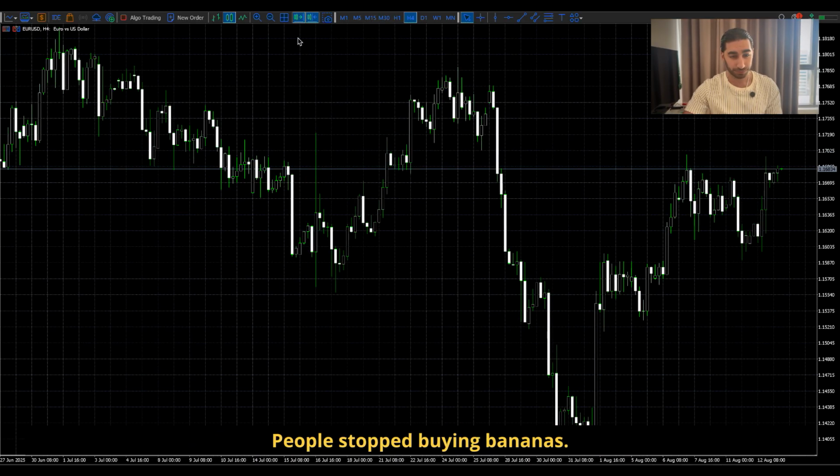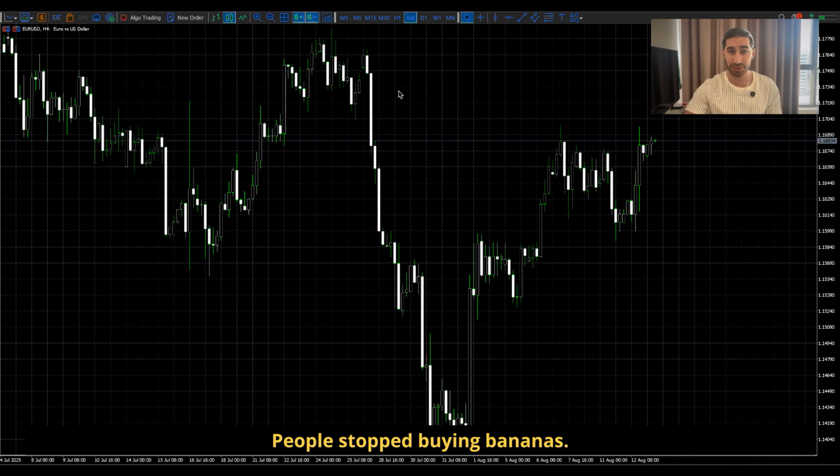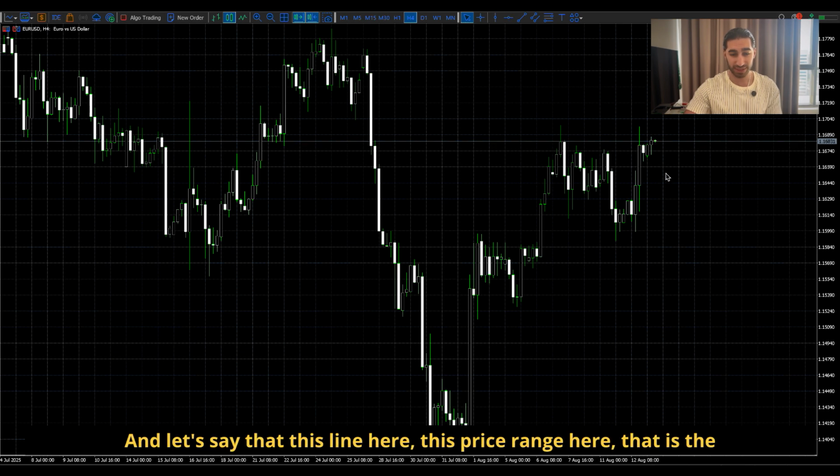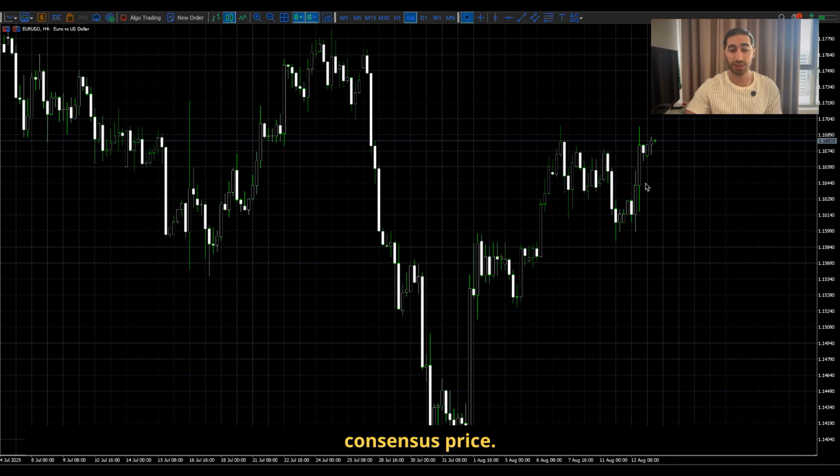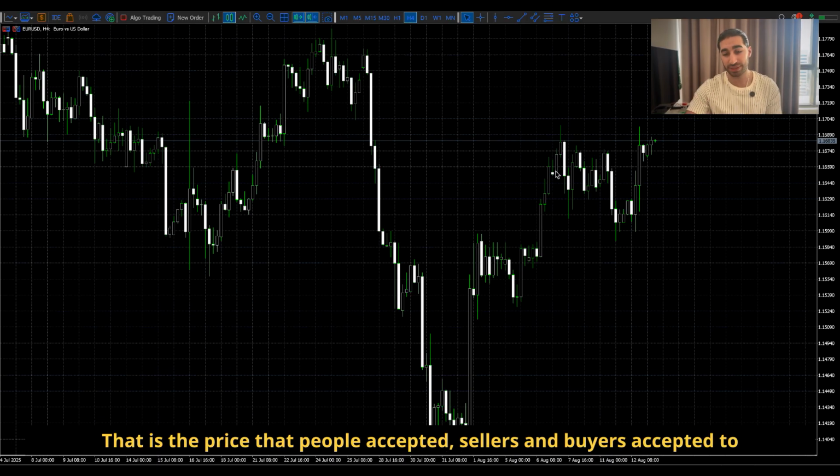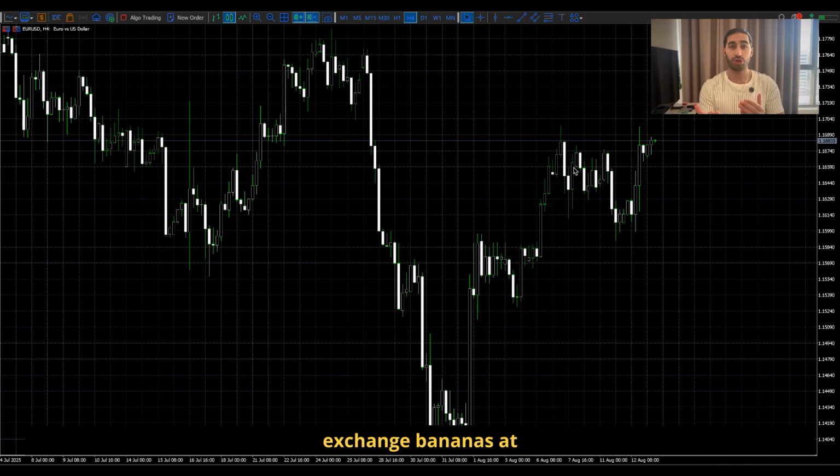People stopped buying bananas, the price crashed down, they started buying back because it was at a discount, the price went up, and let's say that this line here, this price range here, that is the consensus price. That is the price that sellers and buyers accepted to exchange bananas at.